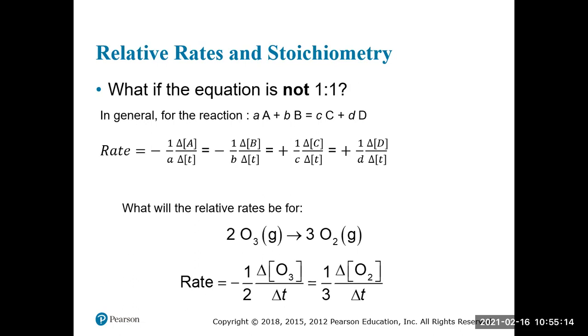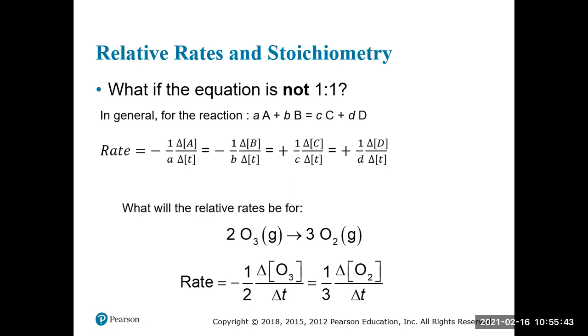Note again that we have negative signs in front of the A term and the B term, and that's because those are the reactants, so that's what's being used up. And then we have plus signs in front of the C and D terms because those are the products, so that's what's being formed. So that minus means it's going away, it's a reactant. The plus means it's a product. The concentrations are going to be increasing.